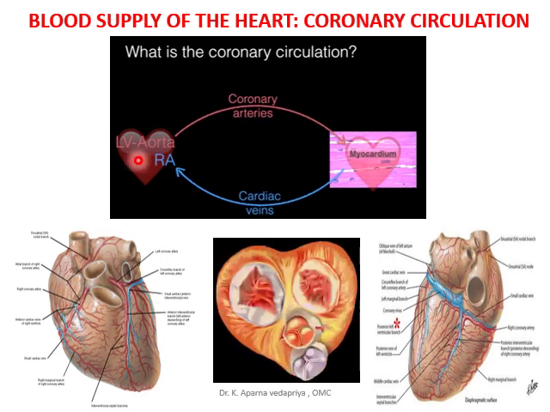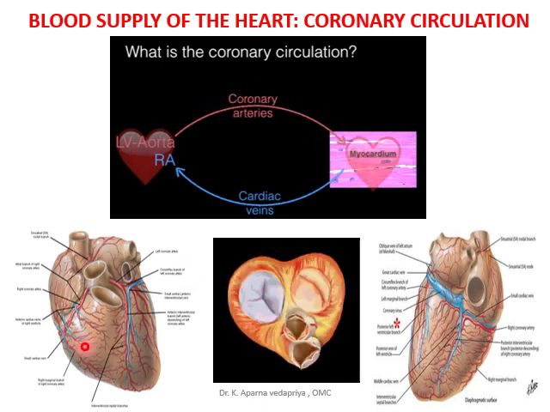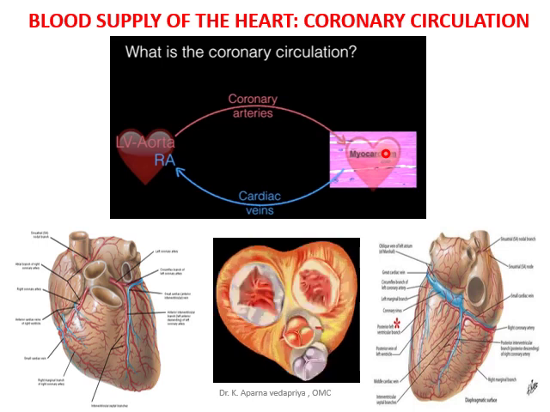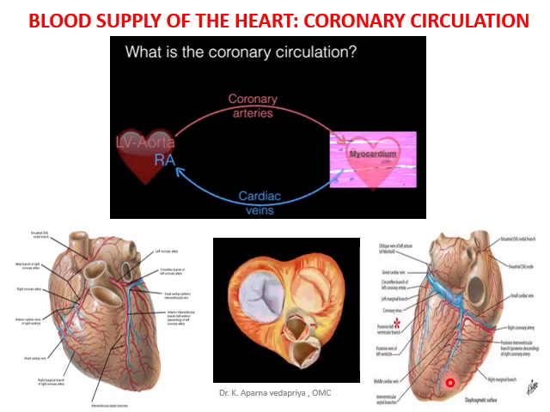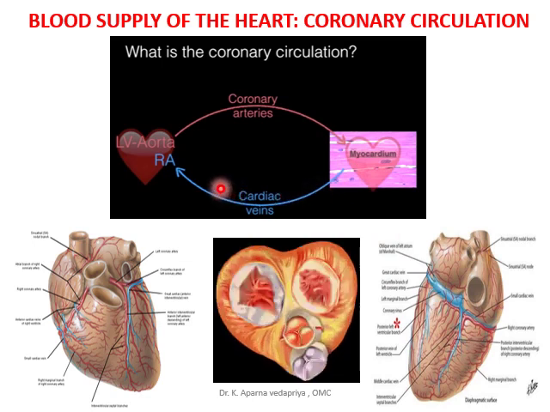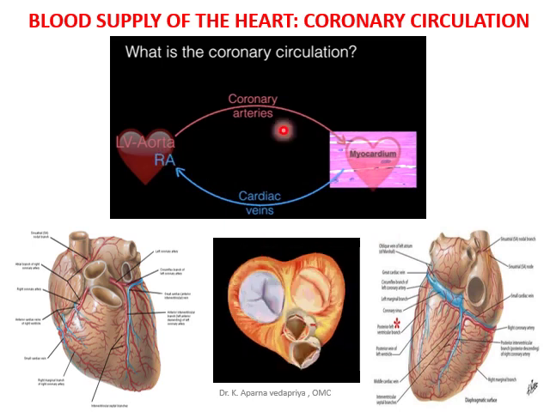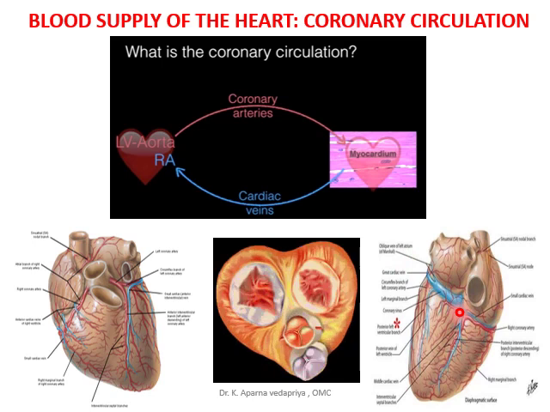The blood is taken from the heart, and these coronary arteries supply the heart muscle, the myocardium. The blood is then drained by cardiac veins and poured back into the right atrium via the coronary sinus.